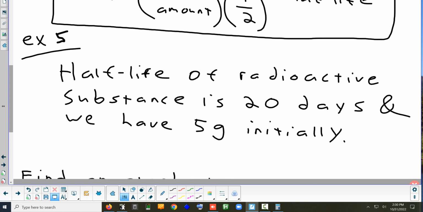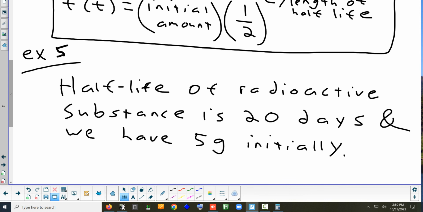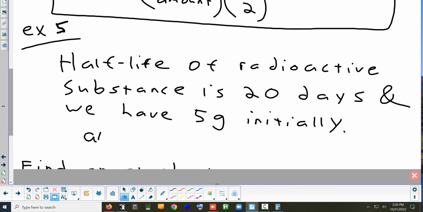Okay, so Tyler, based on a half-life of 20 days and an initial amount of 5 grams, can you tell me the formula that describes the half-life here? Like the initial amount of 5, using it, right? So the initial amount is 5. And then divide that by half, or half. You said divide by a half?